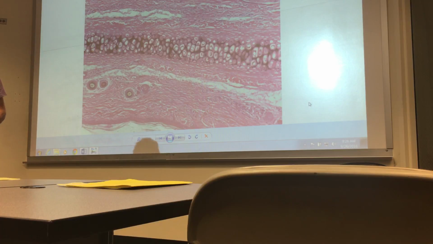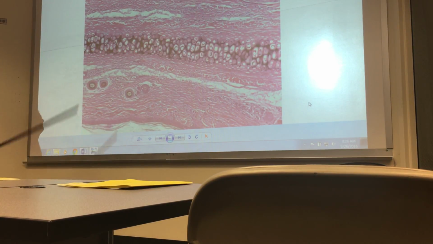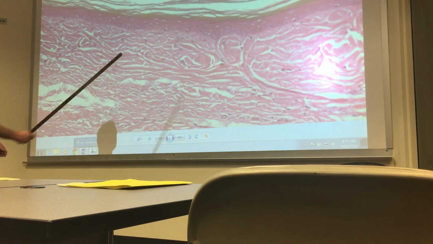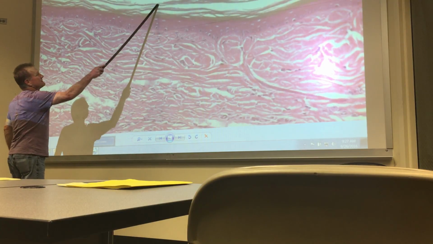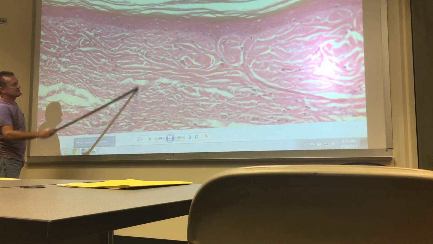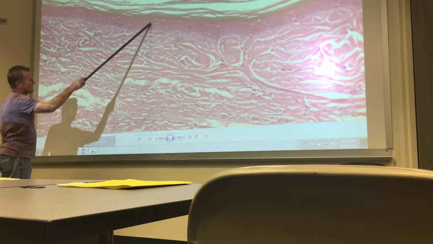This is another type of cartilage. This is elastic cartilage. One location of elastic cartilage is the external ear, as in this, and that's what this is exactly. And if you look at it closely, I guess we can zoom in a little bit. So this is skin. This is your epidermis up here. This is your dermis. You can tell this is dense irregular. You can tell this is keratinized stratified squamous.